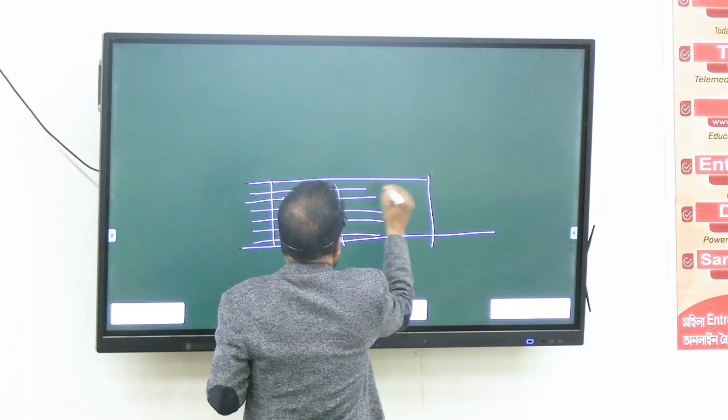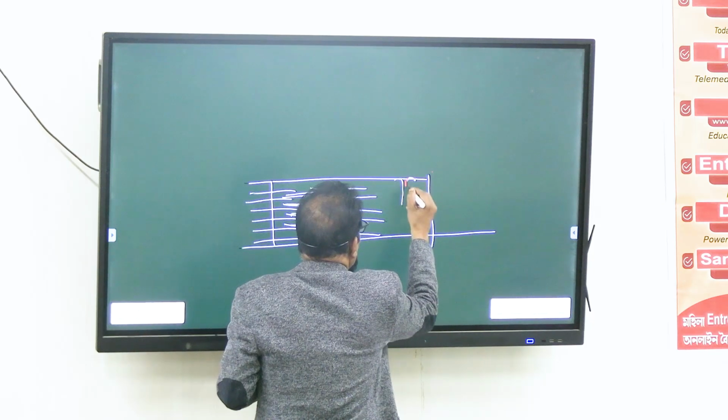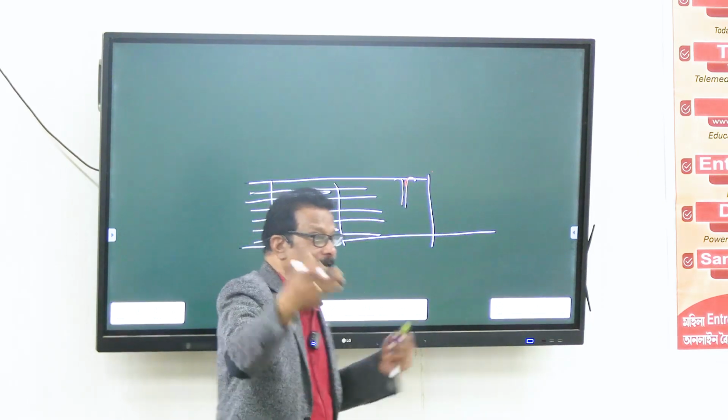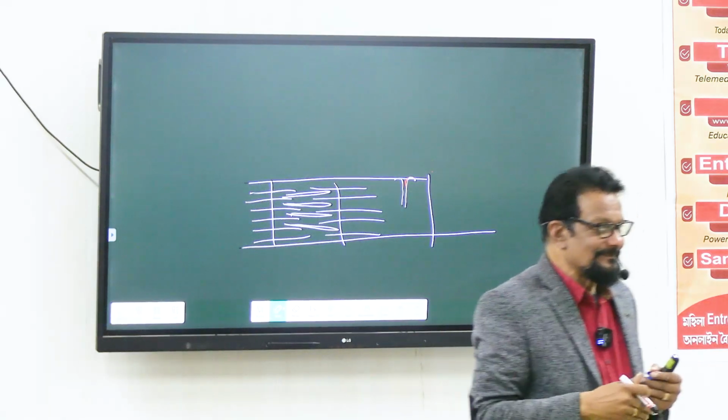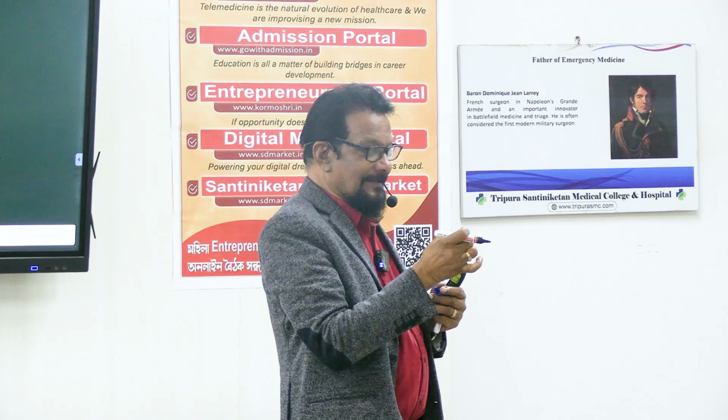From the sarcolemma, some tubular structures enter within the muscle. Tubular structures.